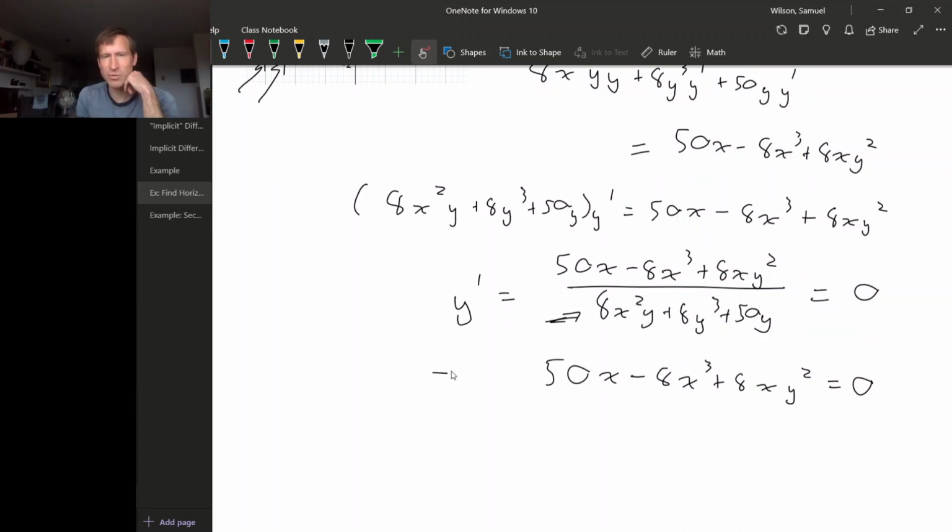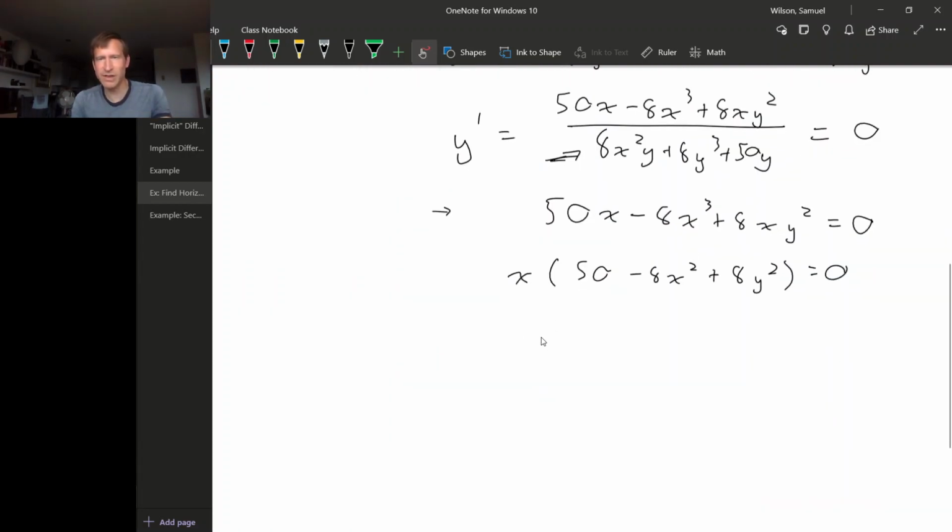So we're looking for points that satisfy this equation. For one thing, we can factor out an x. x times 50 minus 8x squared plus 8y squared equals 0.